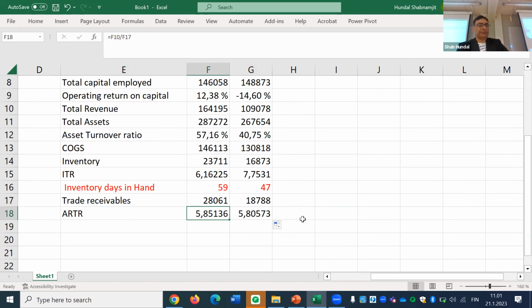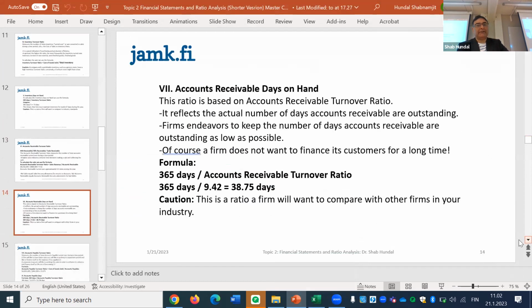Tell me something. When you make a sale on credit, you have a waiting period, right? So how many days do you have to wait before the customer pays you the money back? That ratio is called accounts receivable days in hand. Basically, how many days you have to wait before your customer pays you. Do you want shorter days or longer days?